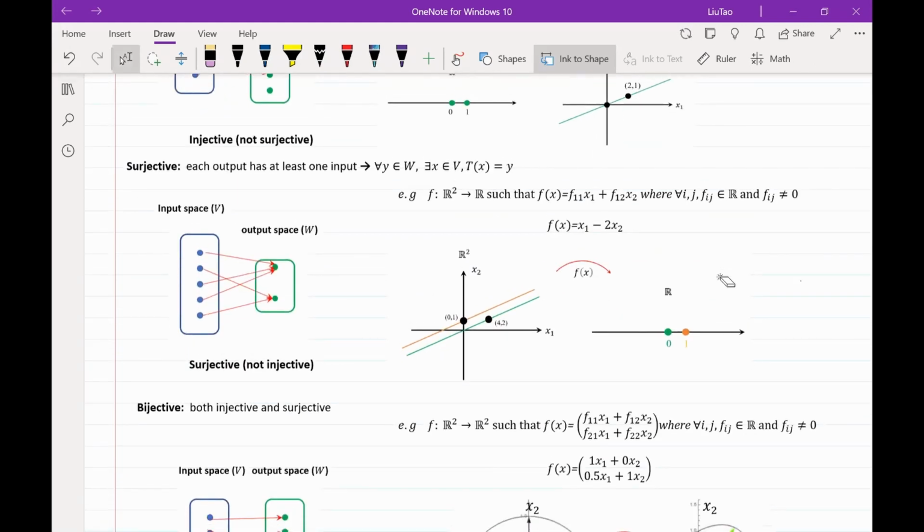So if each output has at least one input, then we call this linear map surjective. Mathematically, it means for any vector y in the output space, there exists a vector x in the input space that satisfies Tx is equal to y.